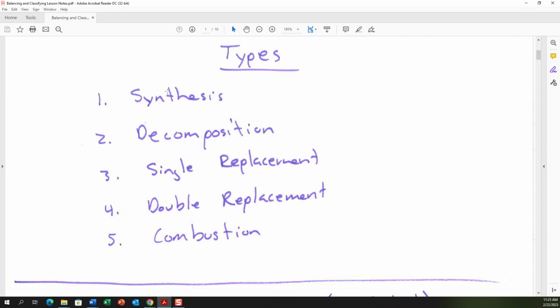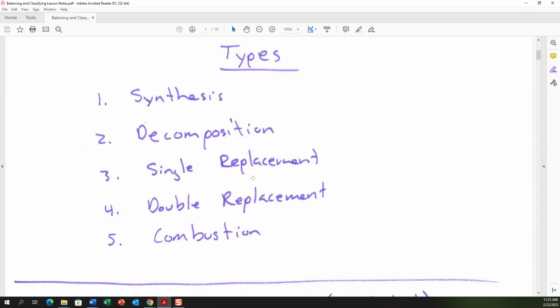So this is not the only way to classify different chemical changes, different types of chemical reactions, but these are the five broad types of chemical reactions. And within each of these categories: synthesis, decomposition, single replacement, double replacement, combustion, we can have subcategories of them, right? But these are the main ones that we're going to be looking at.